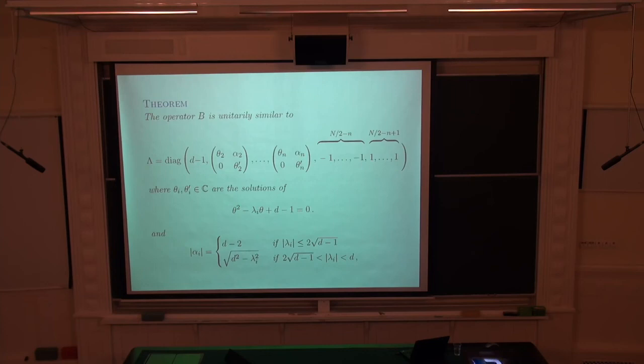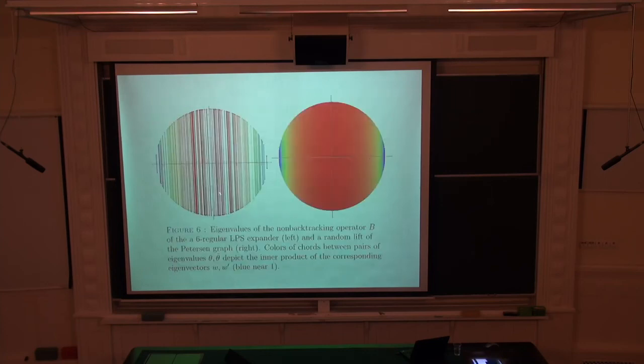And let me maybe jump to the picture first. So in the Ramanujan case, what one knows is that for this non-backtracking operator B, all the non-trivial, interesting eigenvalues, all those arising from that quadratic equation, lie on a circle of radius root d minus 1, and they come in conjugate pairs.